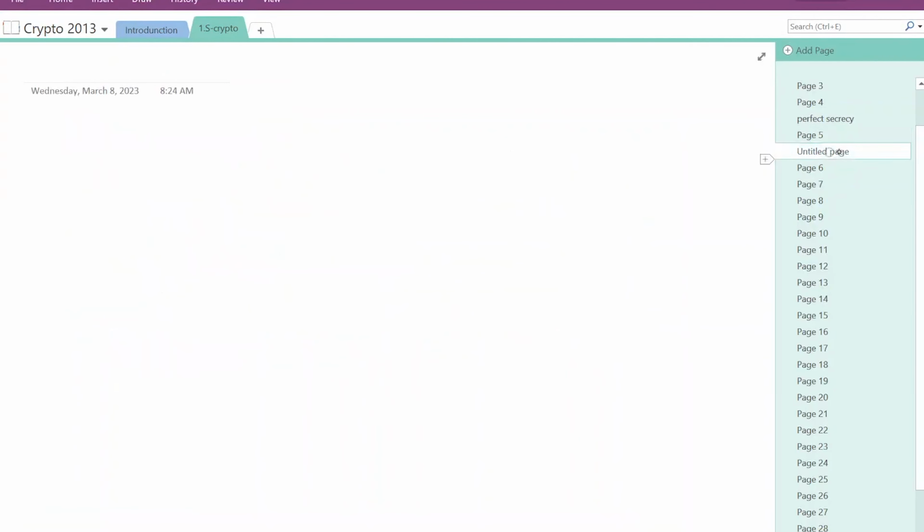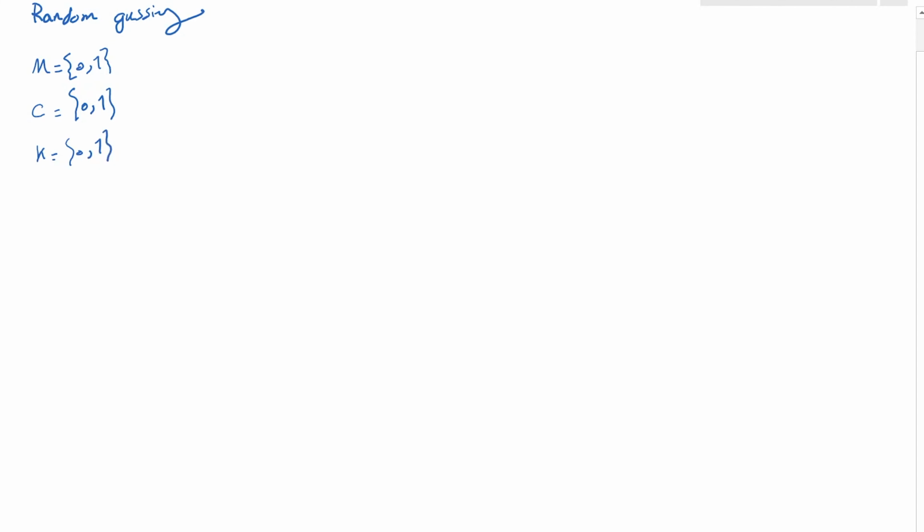So for that reason, let's begin to see this new example. We start with random guessing. We said that the message space has 0 and 1, right? And then the ciphertext space is also going to be 0 and 1. And the key space in this example is also 0 and 1, right? So we are checking the bits from 0 and 1. We say that we want to do random guessing.